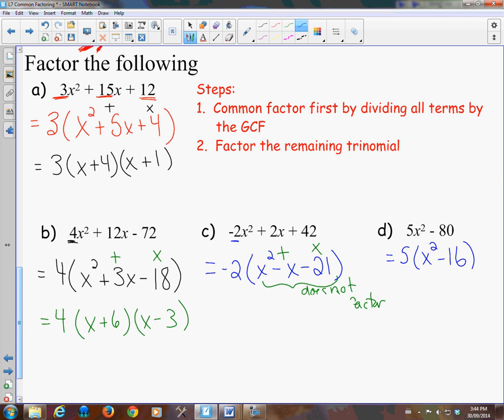This time I don't have a trinomial left, but I have a difference of squares because I can square root 16 and I have a negative. So I keep going with my factoring. Keep my 5 and I factor my difference of squares. Square root of 16 is 4. So I have -4 and +4.